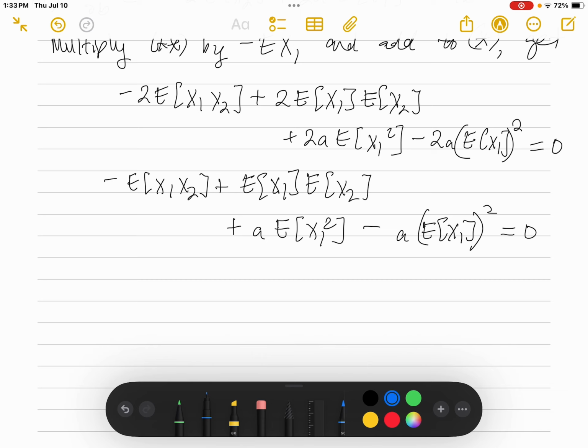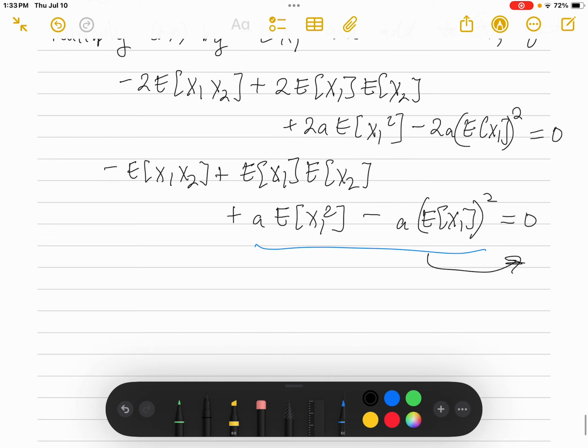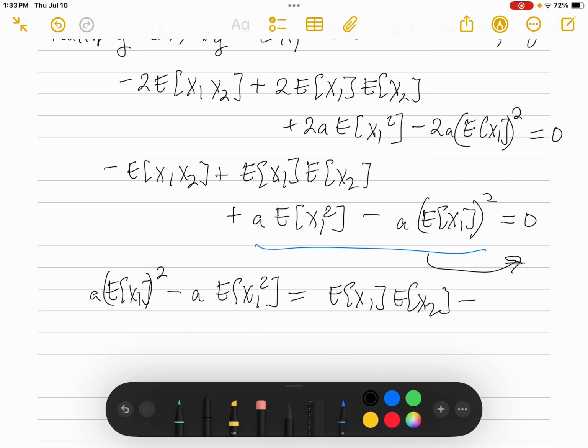And now we get these terms on the other side. So these go to the other side, and so we're going to get a times the expectation of x1 squared minus a times the expectation of x1 squared equals expectation of x1 times expectation of x2 minus the expectation of x1, x2.